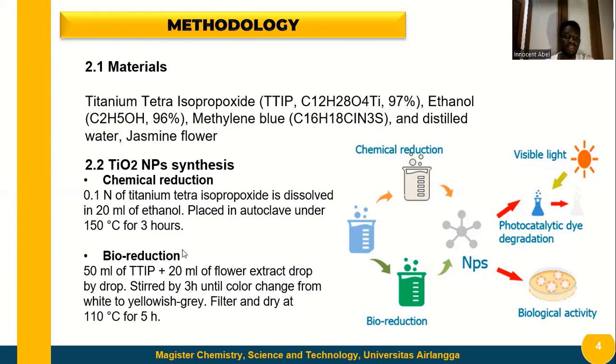Then we add the plant extract drop by drop until the color changes towards yellowish gray. After that, our mixture is filtered and dried at around 110 degrees for 5 hours.